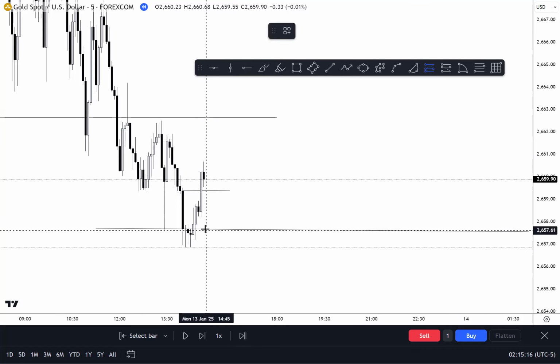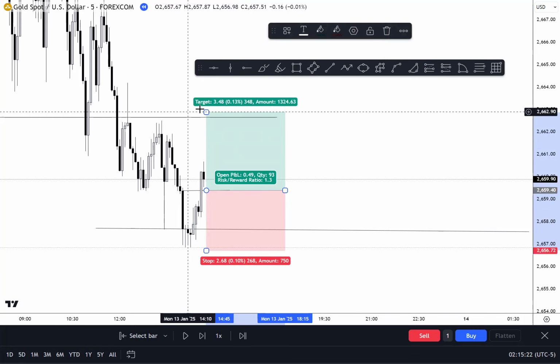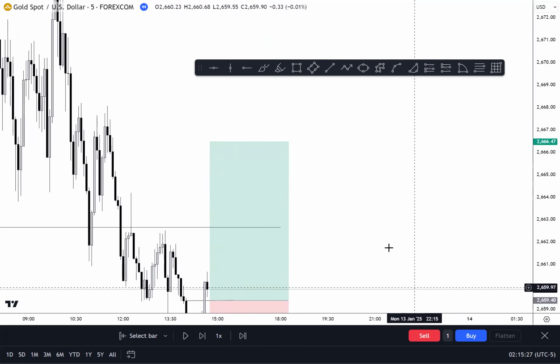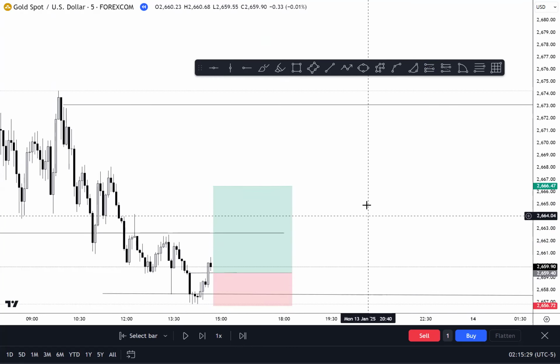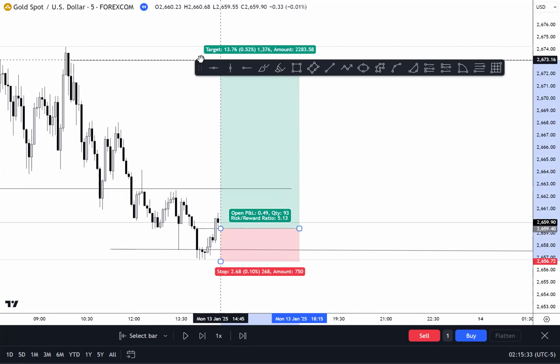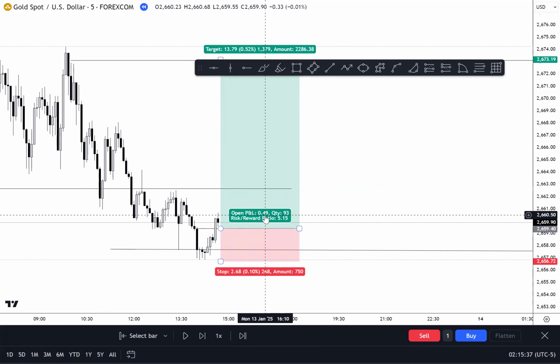So we are going to long from here, our stop loss is going to be here, and our full TP is going to be the end of the range. Great. That's going to give us 1:5.